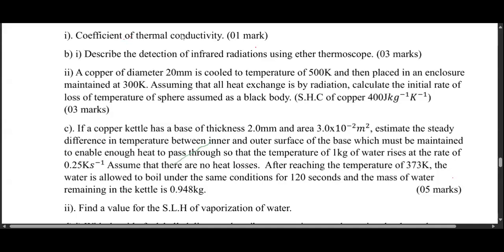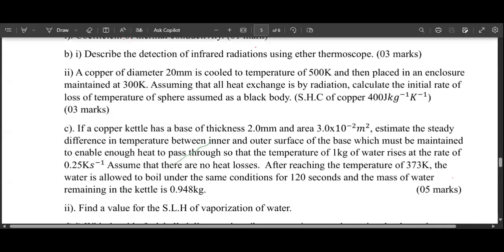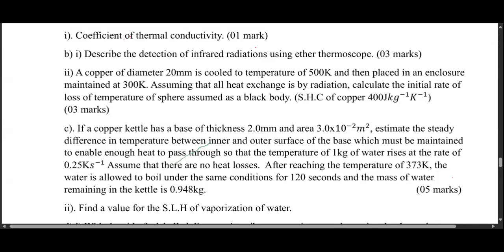The diameter is 20 millimeters, so our R is going to be 10 millimeters.